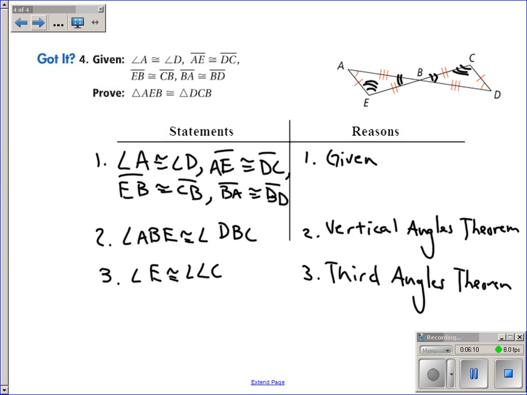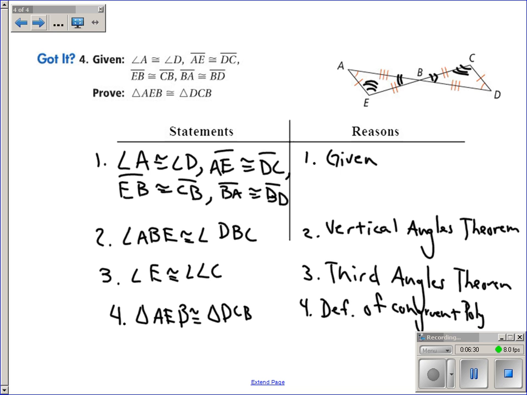So these two triangles must be congruent by the definition of congruent triangles. I should say congruent polygons. Okay, and that's it for the got it questions in section 4-1.